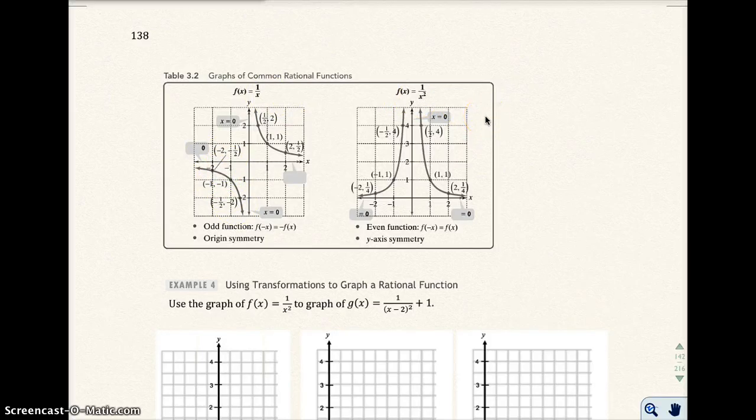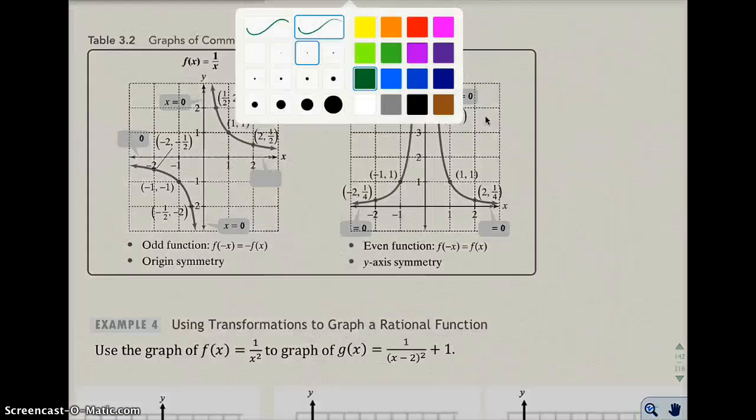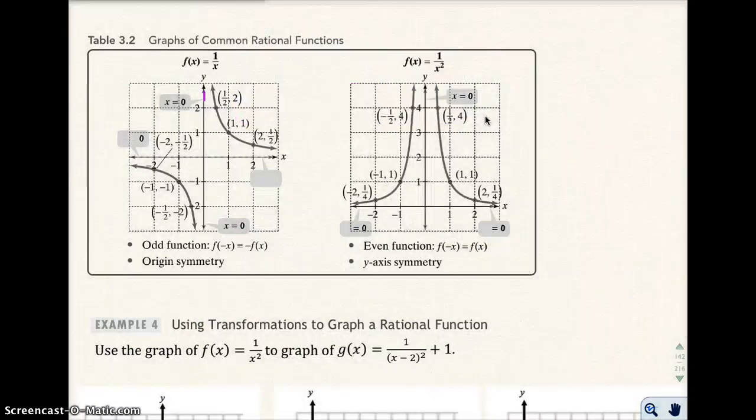Okay. So on both of these, they have asymptotes that we're going to go ahead and draw in. They're not drawn in for you here. Here I have x equals 0, and they draw that right. They label it here. And then I have y equals 0 here. They don't label that. Here y equals 0. Here I have x equals 0.